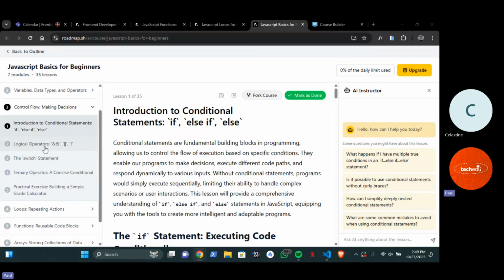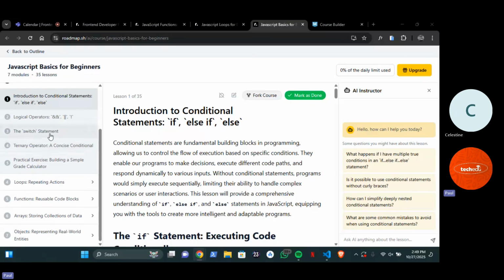So we'll get there. Then you have the switch statement. You have the ternary operators. Now, these are the four conditional control flow techniques that we have. But the most popular one is the if, else if, and else. Now we're talking about if, else if, and else.